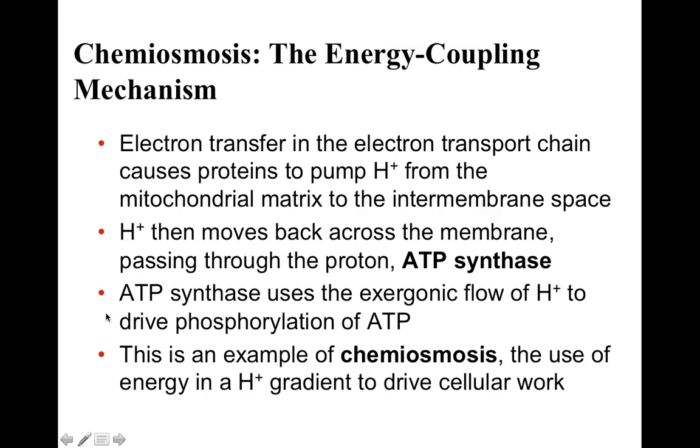So unlike in substrate level phosphorylation, where we took a phosphate group off one molecule and put it onto ADP, we're just going to take phosphate functional groups and ADP and ram them together to form ATP. So that's what we mean by oxidative phosphorylation rather than substrate level phosphorylation. And this is all run through this proton gradient that we've created by using the power of those electrons. And this is an example of what we call chemiosmosis.